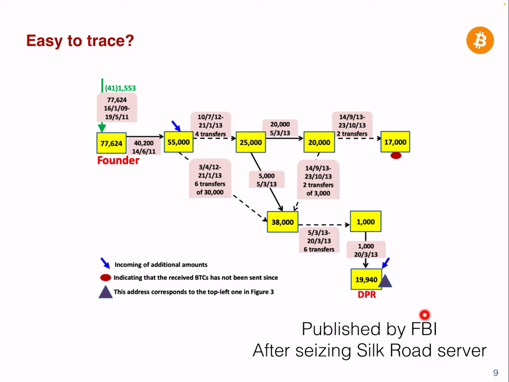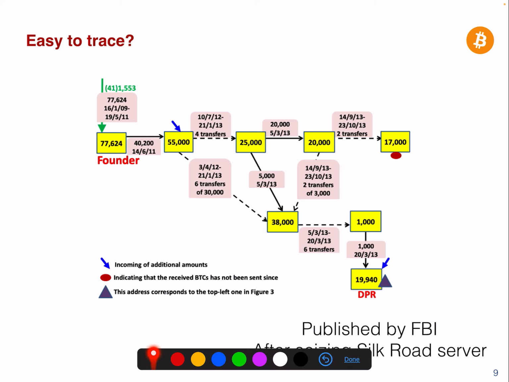And the FBI seized the server at some point in time. And this is a potential trace of how people tried to link the DPR, or the Silk Road admin funds, with the funds of a founder, right?